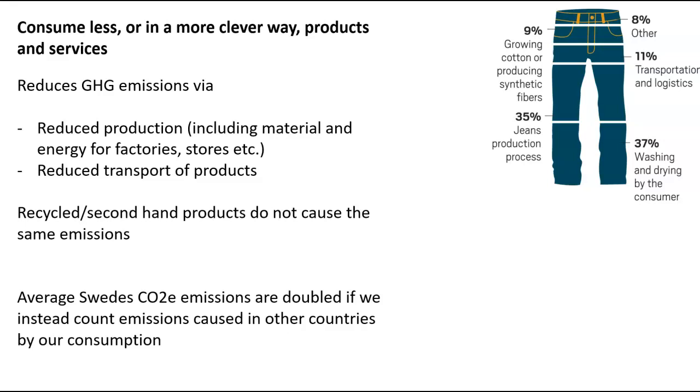They need to be transported from that factory, and you need to use energy to grow the crops that produce the fibers. If I instead opt not to buy, or buy secondhand products, then for every cycle of a new individual buying the same clothes, you of course reduce the impact of that production.